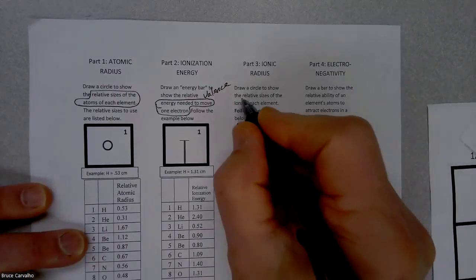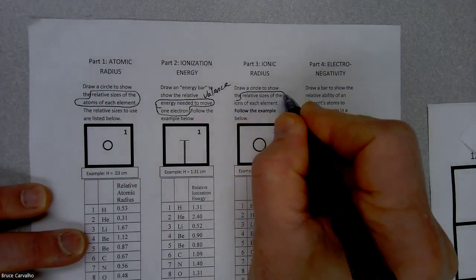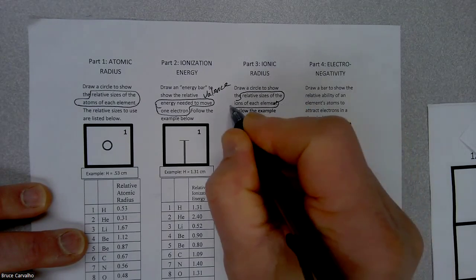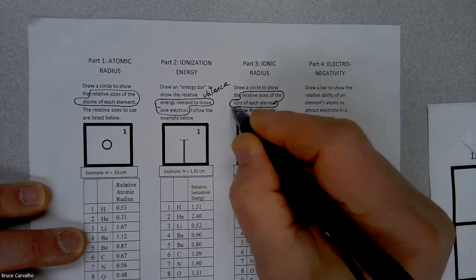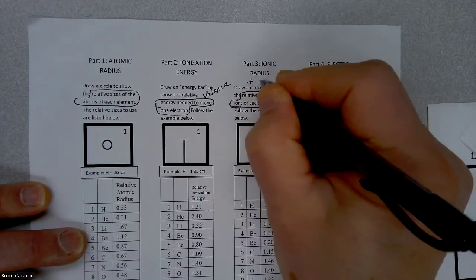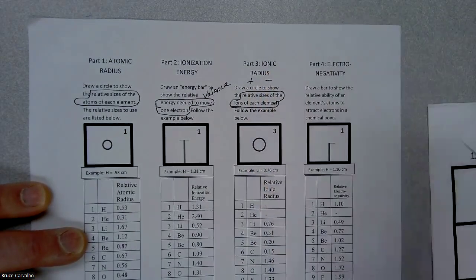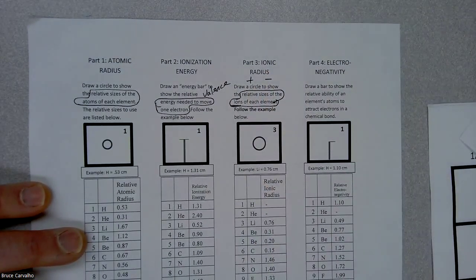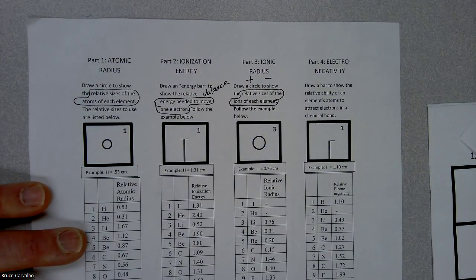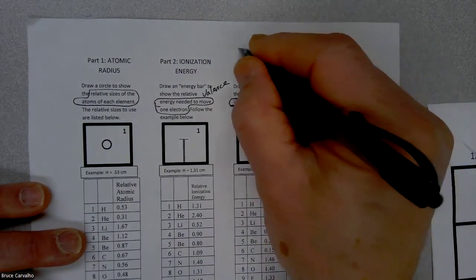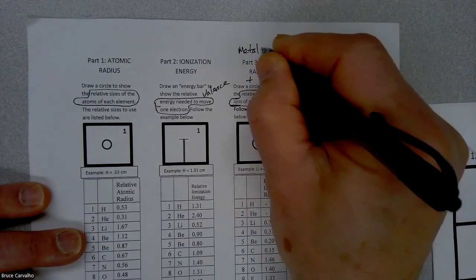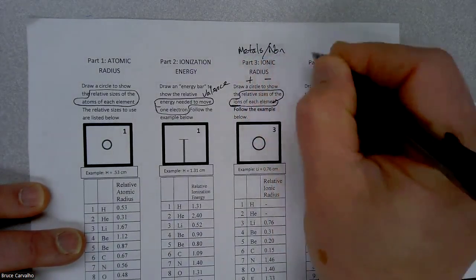Ionic radius is how big the atom gets when it bonds, James Bond. When it becomes an ion, that means it adds or eliminates one or more electrons. This is only for the metals and the non-metals when they're bonding.